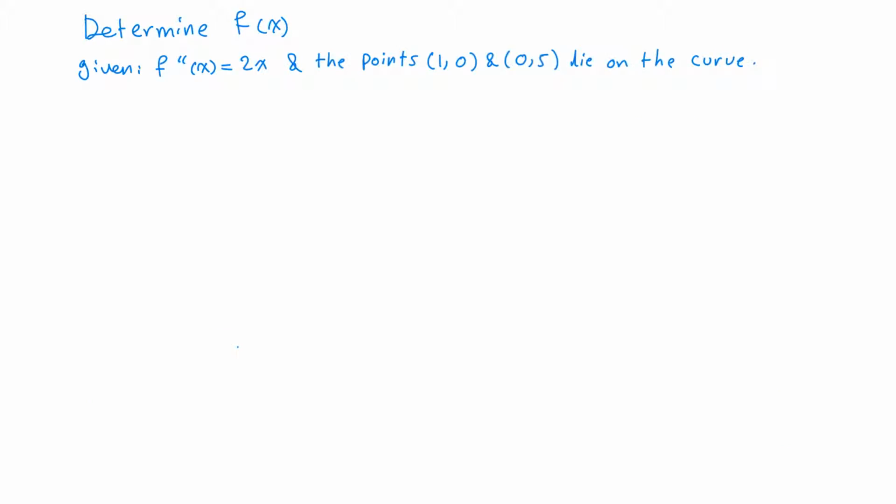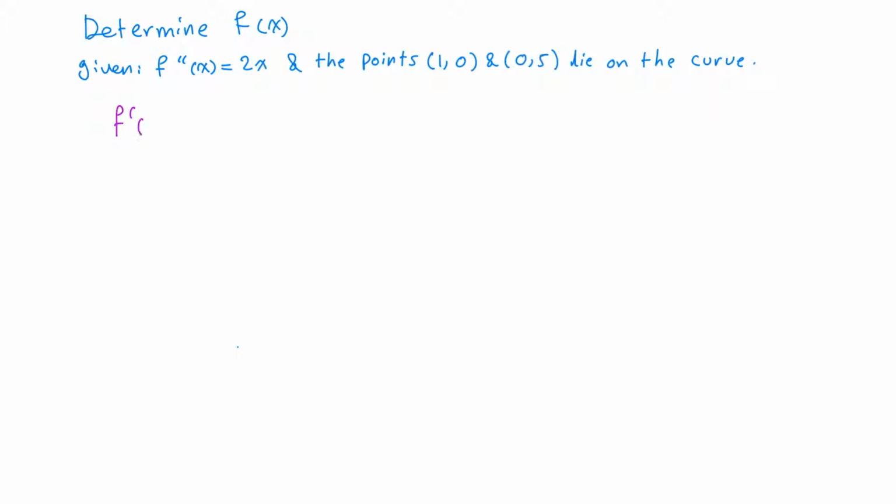Okay, the final example that we will do is this question over here, which says determine f of x given that f double prime of x is equal to 2x and the points (1, 0) and (0, 5) lie on the curve. So the first thing we have to do is find our f prime of x.